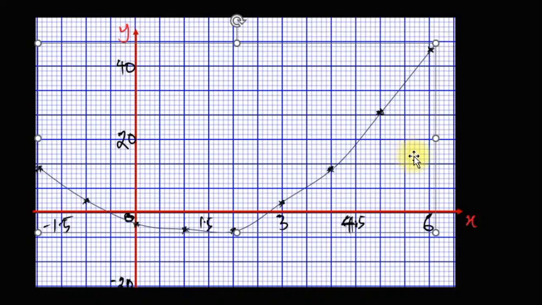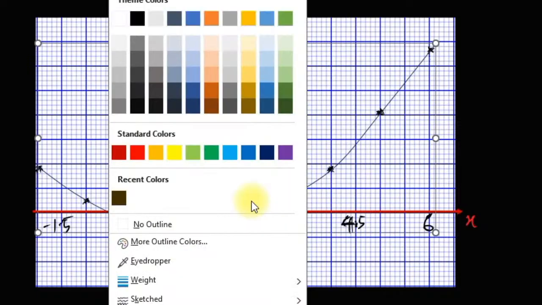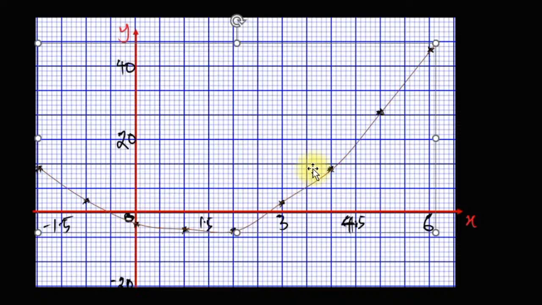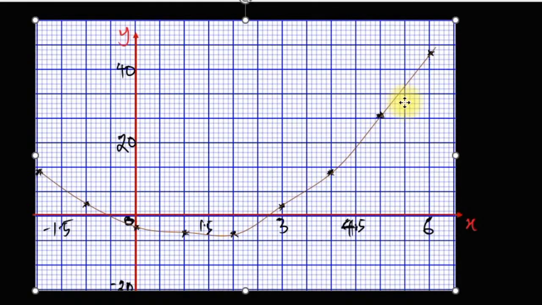So we've joined the points. Let's change the color to, which one is good? So I change it to, let's change this. So let's increase the thickness.